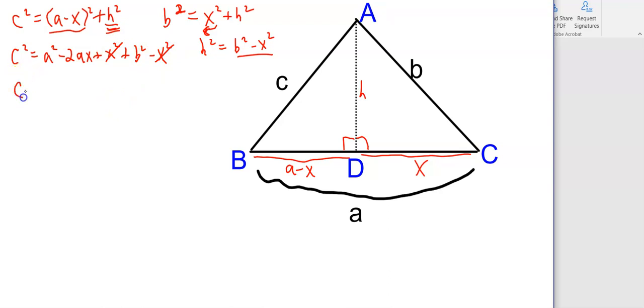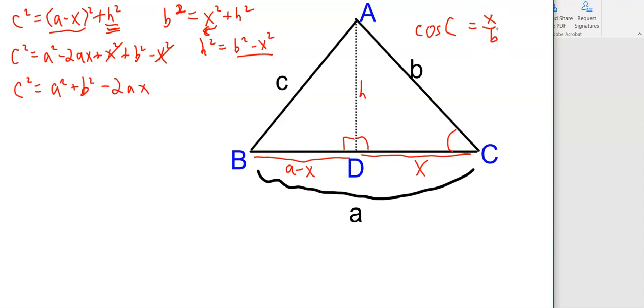I'm going to reorganize this just a little bit. c squared equals a squared plus b squared minus 2ax. We're getting really close to the formula. So I also want to look over here. We're going to actually use cosine here. So if you look at angle C here, the cosine of angle C is just x over b, right?